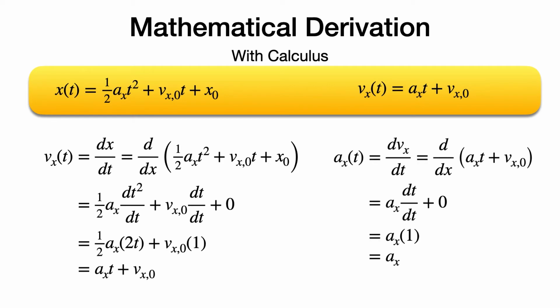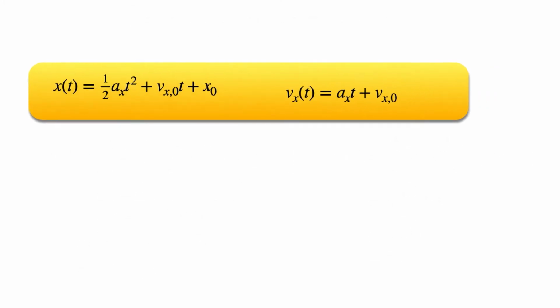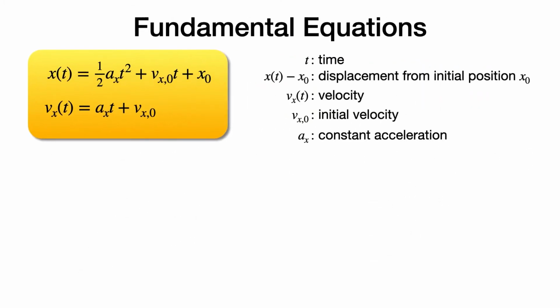Once again, if we recall that the acceleration is the time derivative of the velocity, and we take the derivatives, we find out that our acceleration as a function of time is just the constant acceleration. So these are our equations of motion under a constant acceleration, the fundamental equations.